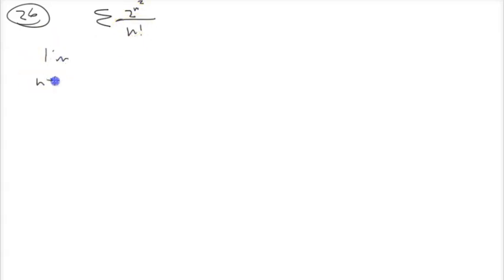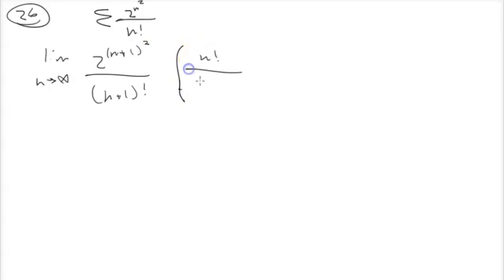So we're going to find the limit as n approaches infinity of a sub n plus 1, so we're just going to add a plus 1 to all these expressions. So we're going to get 2 to the (n plus 1) squared over (n plus 1) factorial, and then we're going to multiply by the reciprocal of a sub n, and we're going to get n factorial over 2 to the n squared.